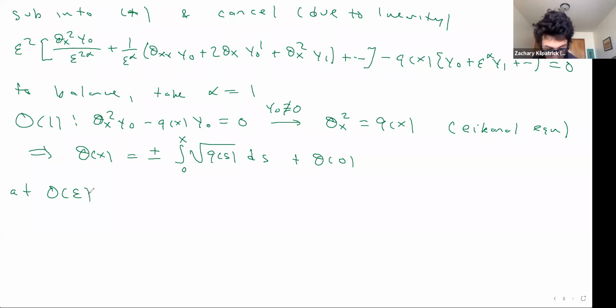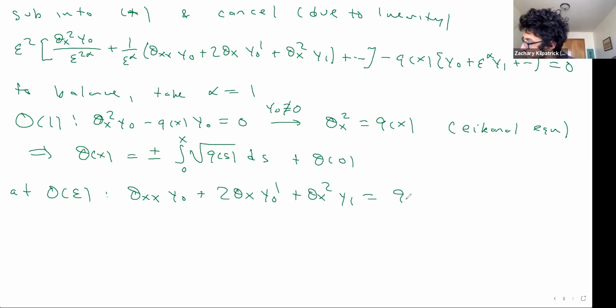So at order epsilon, what do we get? If I look up here, remember alpha is 1, so this is going to arise in that part as well as this part here, okay? So when I write everything out, I end up with theta sub xx y0 plus 2 theta sub x y0 prime plus theta x squared y1 is equal to q of x y1, okay?